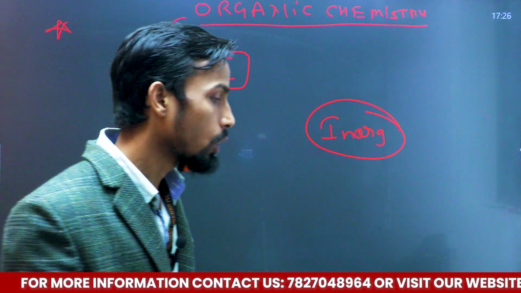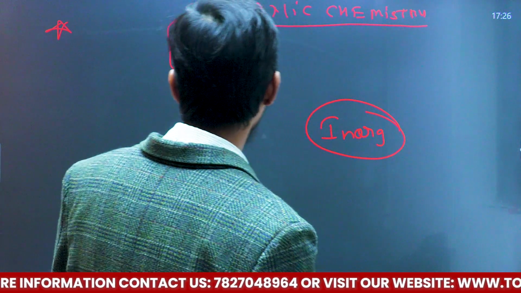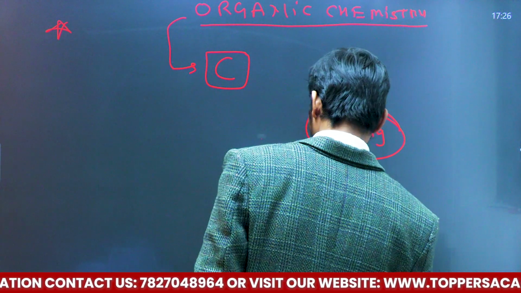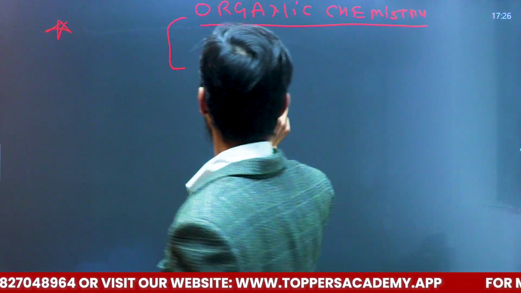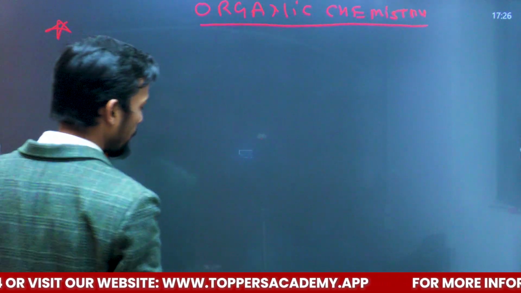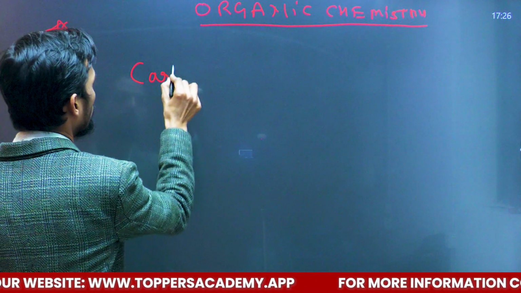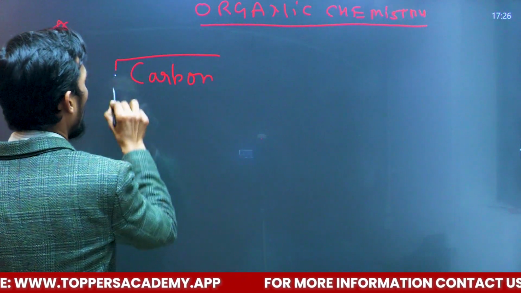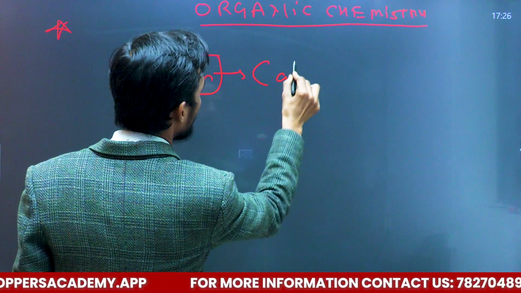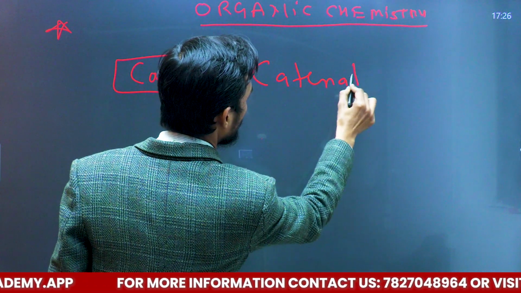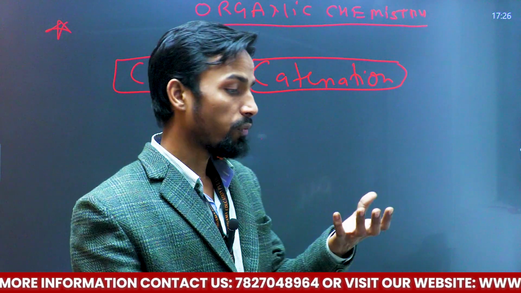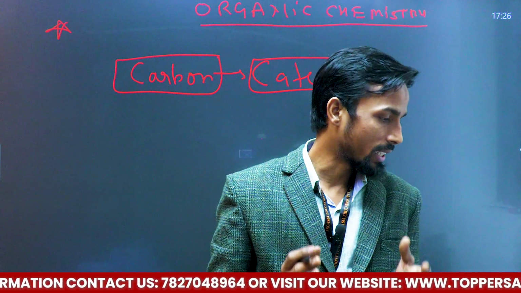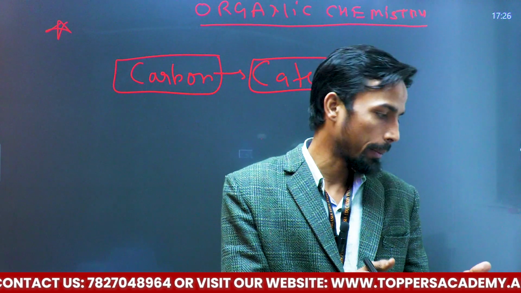We have this separate branch of organic chemistry because of the property of carbon, and that property is termed catenation. Carbon forms a covalent bond with itself, a carbon-carbon bond.